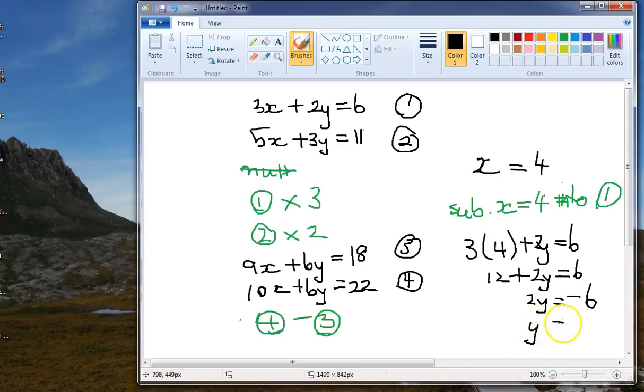Therefore, y is equal to negative 3, because we have divided both sides by 2. So our solution would be 4, negative 3.